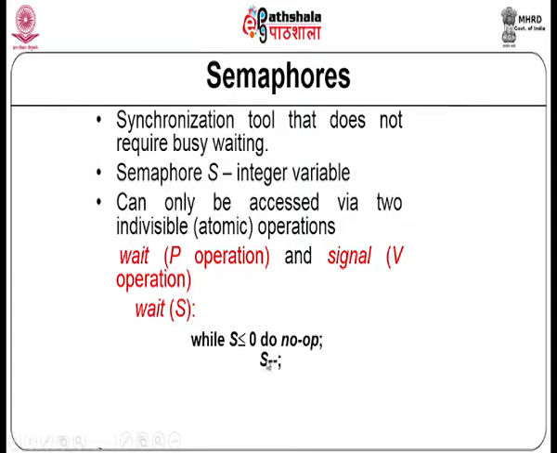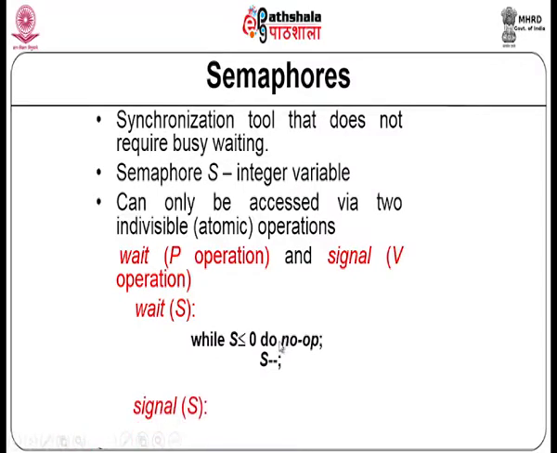Only if the value of the semaphore is a positive value, it can continue. If it is 1 or above, then it will decrement the value of the semaphore. So the wait operation is basically decrementing the value of the semaphore, provided the value of the semaphore is such that the process can proceed.